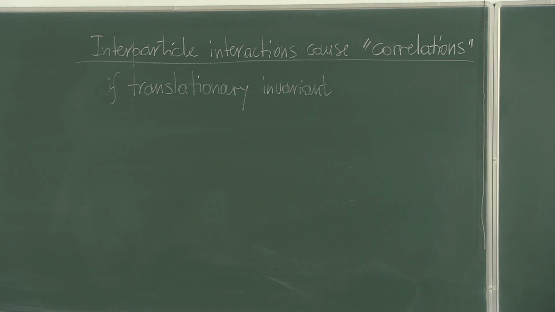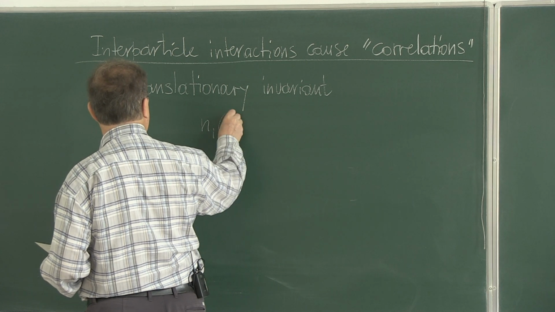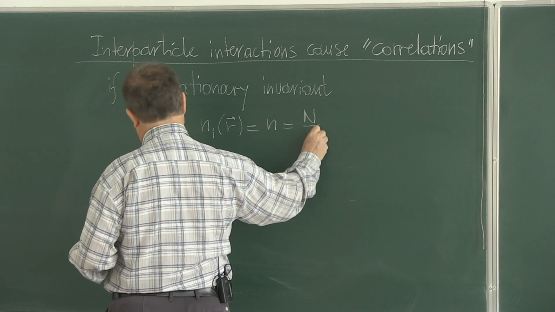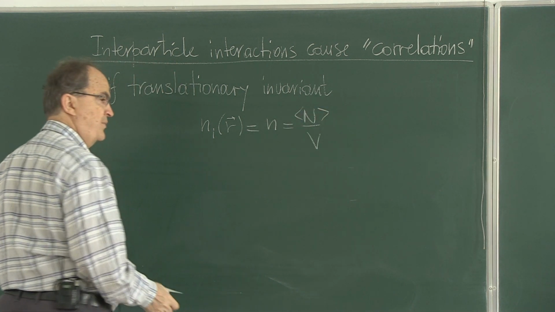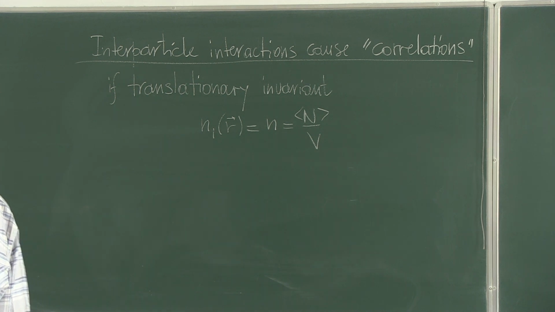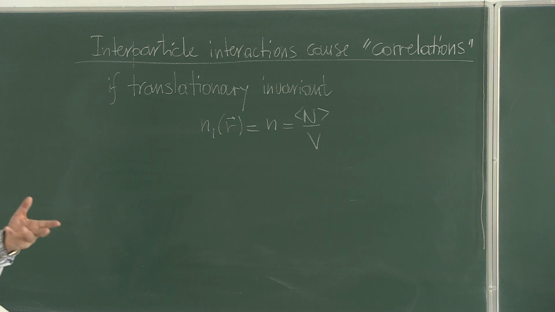If there is translational invariance, almost uniform, you have N1 as a constant, isn't it? This is the probability of finding a particle at any position, isn't it? Number density itself. Number of particles per unit volume. That's the number density. Is that okay? Good.